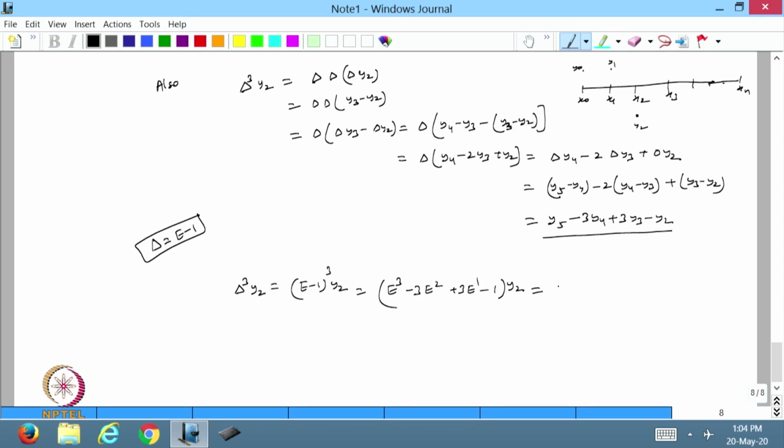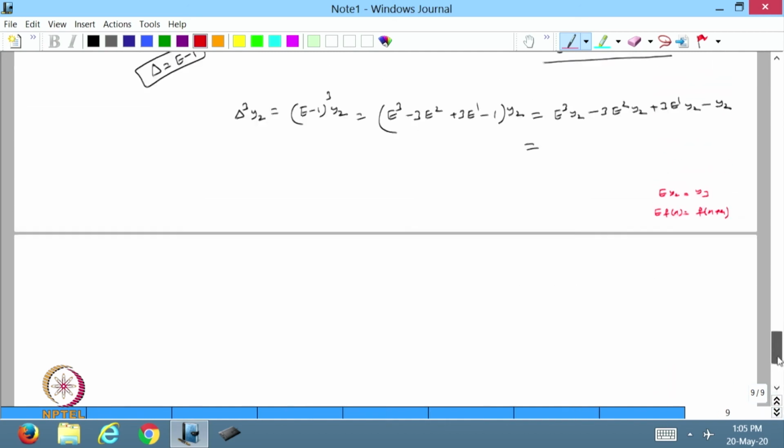Now, if I take this inside y2, it will be e cube y2 minus 3 e square y2 plus 3 e y2 minus y2. Now, this is the shift operator applied 3 times. What is the meaning of this? E y2 will be y3, because I know that E of f(x) is f(x plus h).